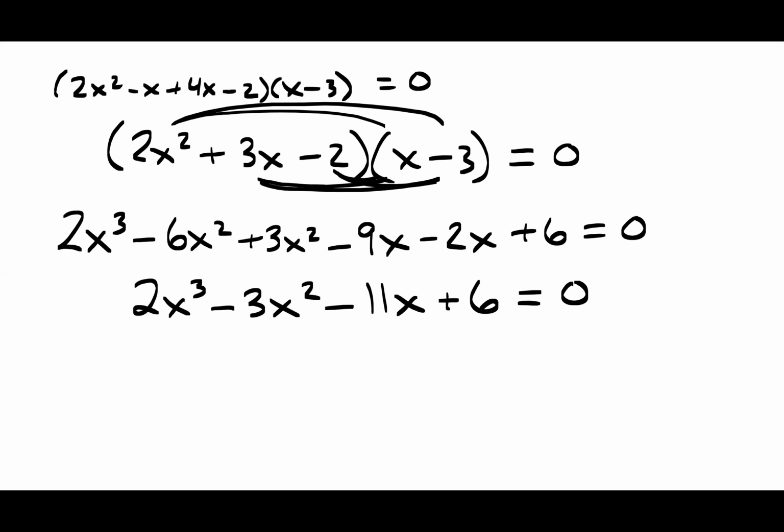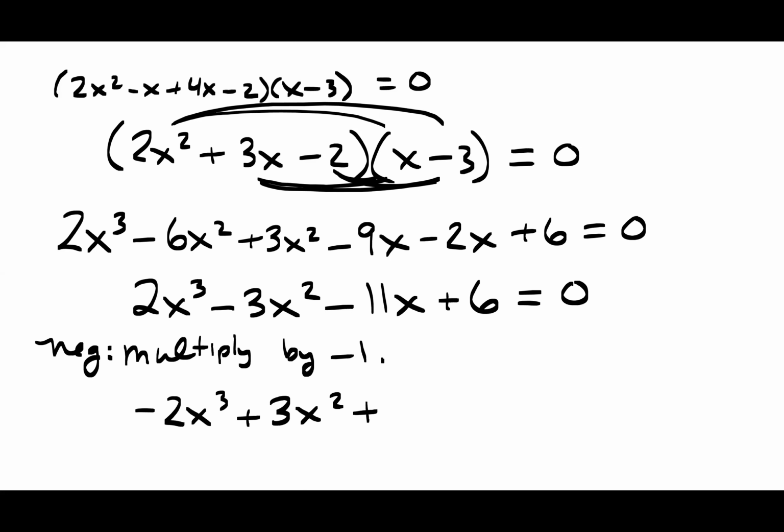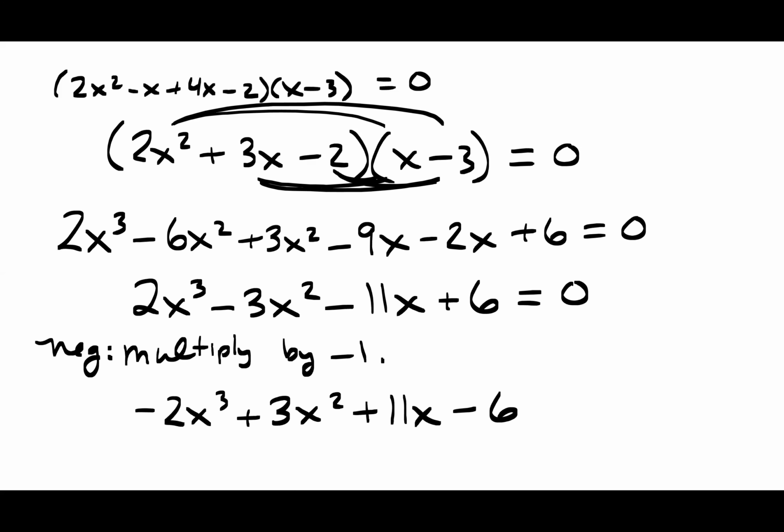It could be a negative 2, that's fine, but it has to be some kind of negative number. So all we have to do to make it negative is multiply it by negative 1. So change all the signs here. Oh, and done. I should make it equal to 0, yeah. Right there, equals 0.